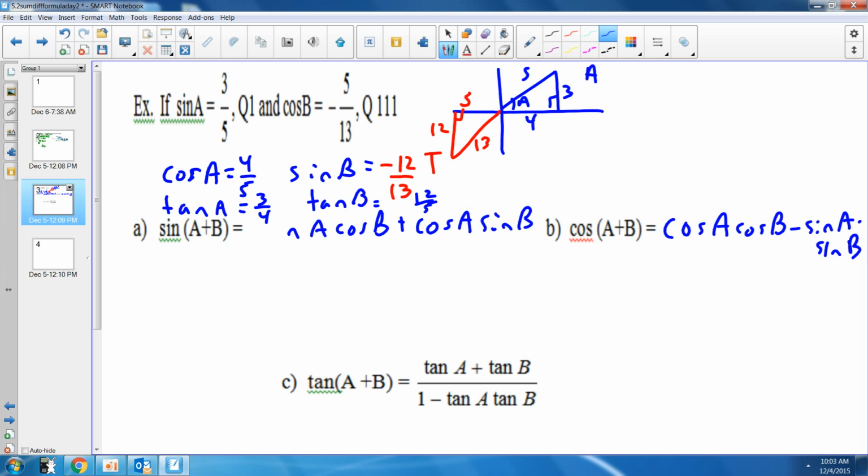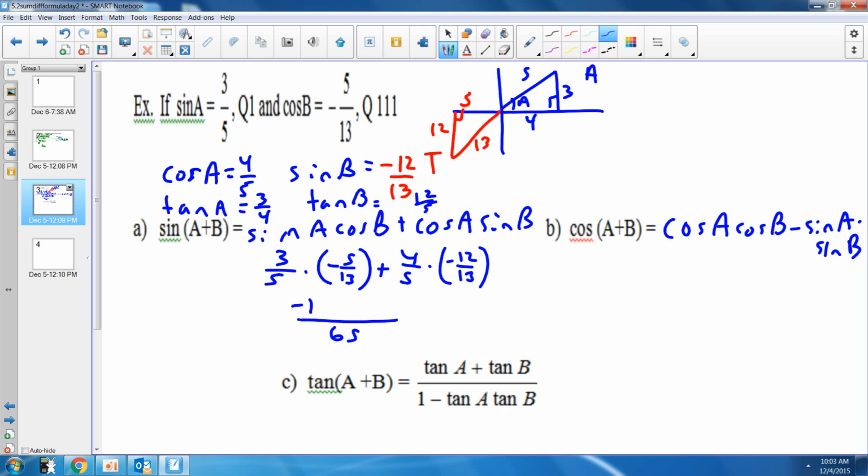All right. So now it's a matter of just substituting in those values and simplifying the fractions. Let's go ahead and do that. This is going to be sine A, 3/5, cosine B, negative 5/13, plus cosine A, 4/5, times sine B, negative 12/13. 5 times 13, 65. 65 on both of those.